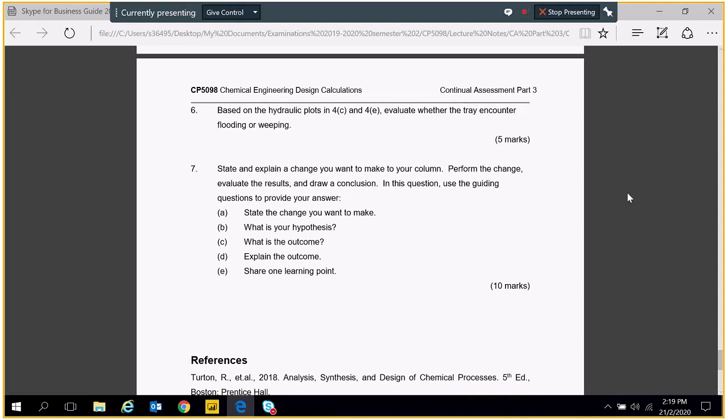And then you run the simulation, there's a button for it. And then you look at the effect. So what is your hypothesis?